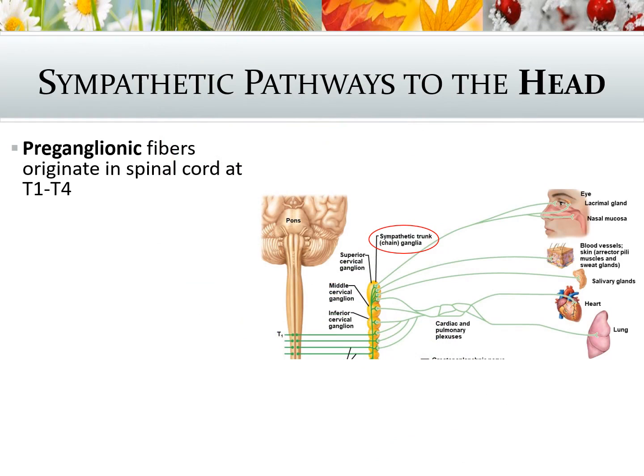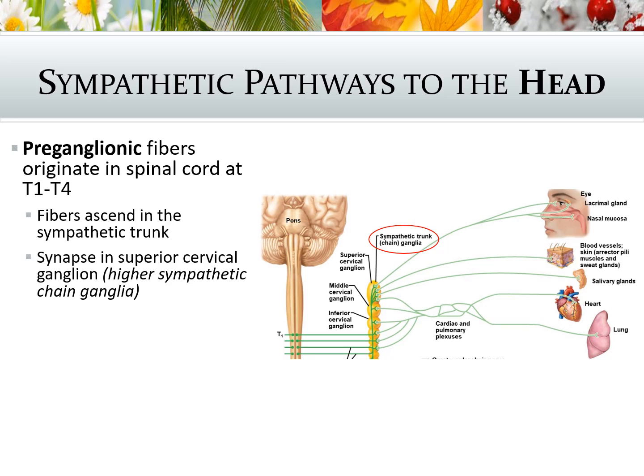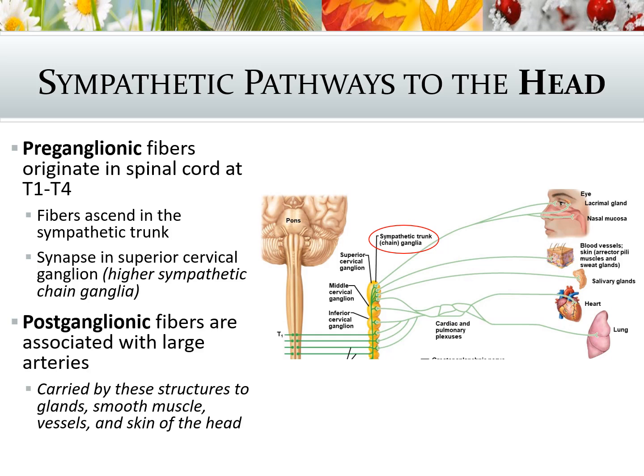Now we can break up that picture into a little more detail. First we'll talk about how we get to the head region. All of our preganglionic fibers originate in the thoracic region, so they're going to have to ascend the sympathetic trunk and synapse in one of those superior cervical ganglia, which are higher up in the sympathetic chain ganglia.